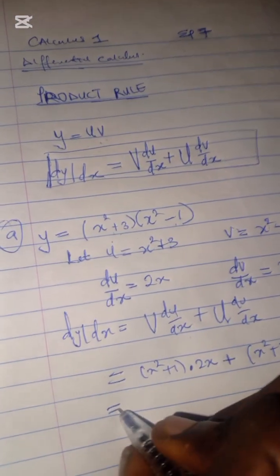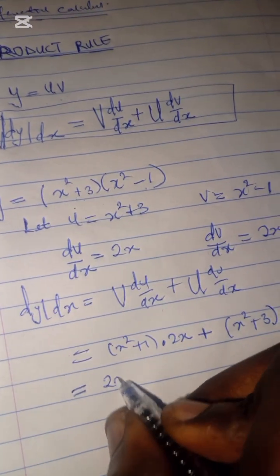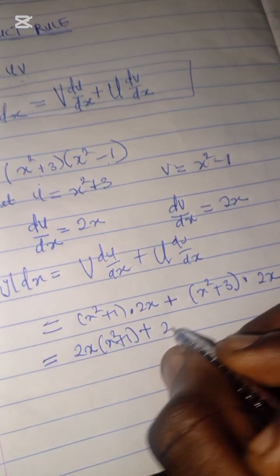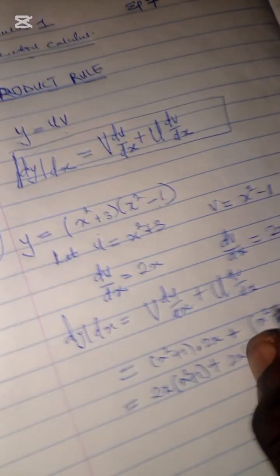Just to make it look more sensible, let's bring this 2x to the front: 2x(x squared plus 1) plus 2x(x squared plus 3). Let's open the bracket.